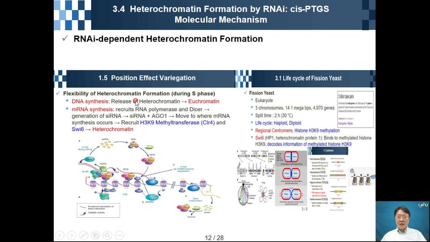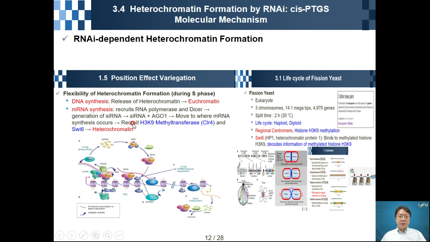But now today we will learn some details of this RNAi dependent heterochromatin formation mechanism. Previously we learned that mRNA synthesis happens, it recruits RNA polymerase and also dicer. Dicer generates siRNA, and siRNA and AGO1 bind to each other. This complex moves to where mRNA synthesis occurs.